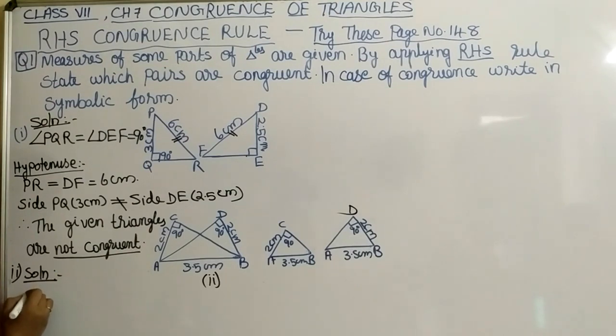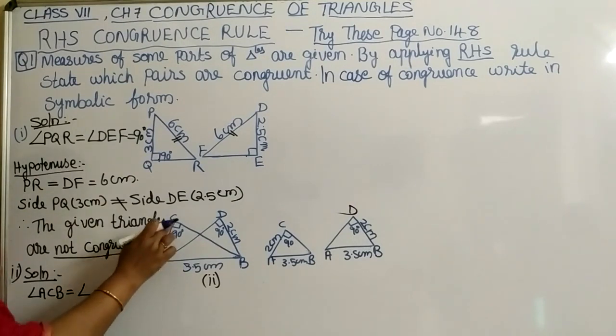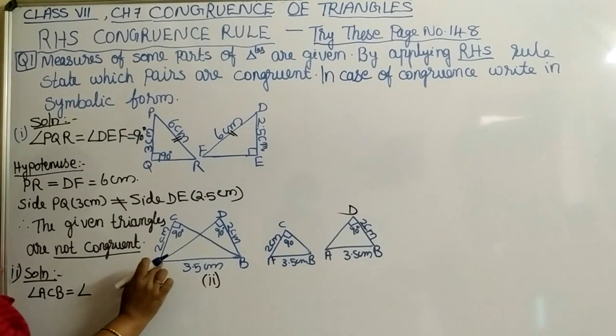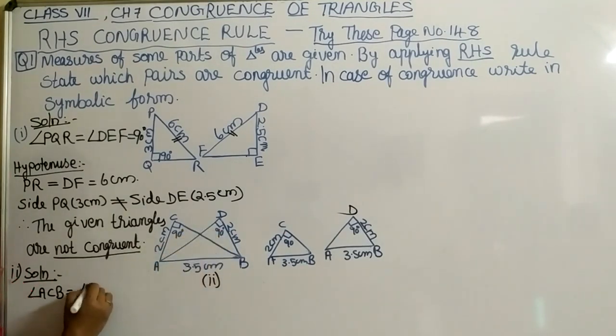So here the right angle is angle ACB equal to angle ADB equal to 90 degree.